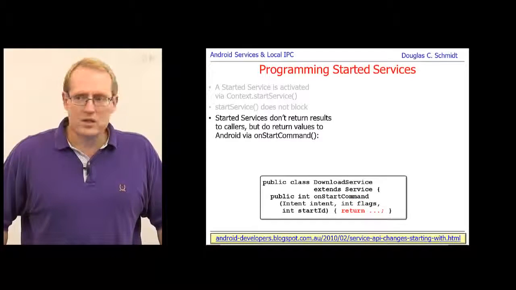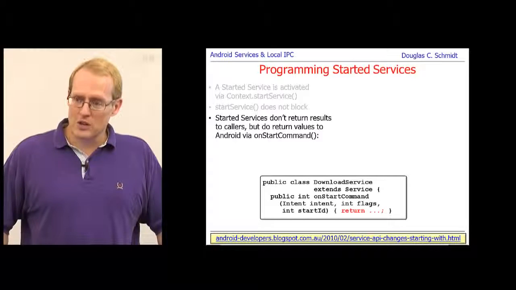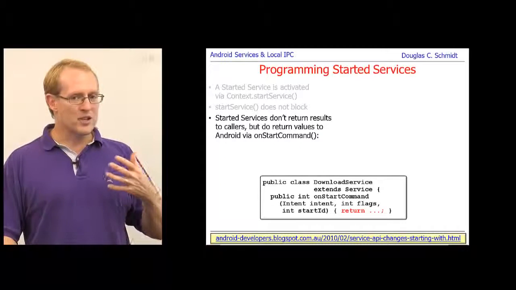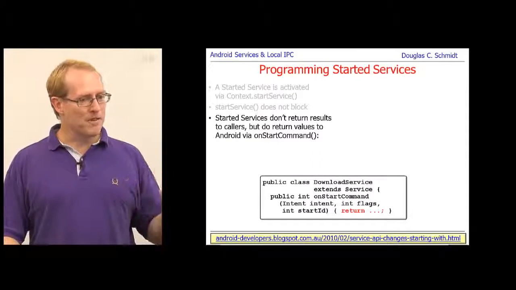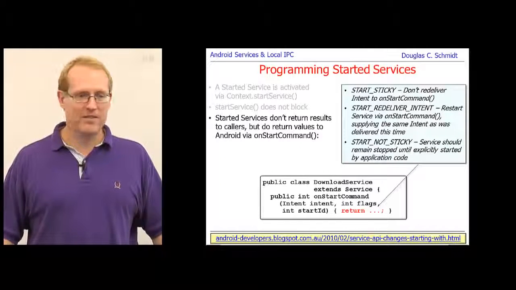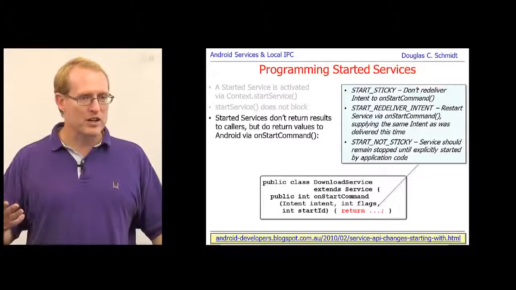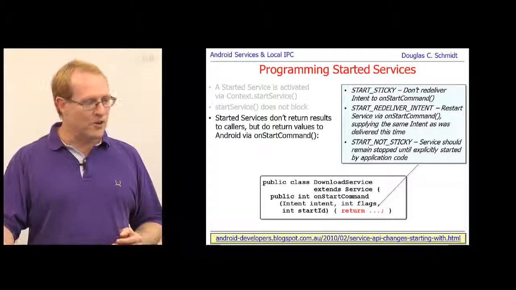Started services do not return results to the caller directly. They do return a result. So onStartCommand returns a result, but it's actually returned to the service side Android framework, and it gives some information about how to treat this service if things crash or get stopped and restarted. So you can say things like, redeliver the intent.